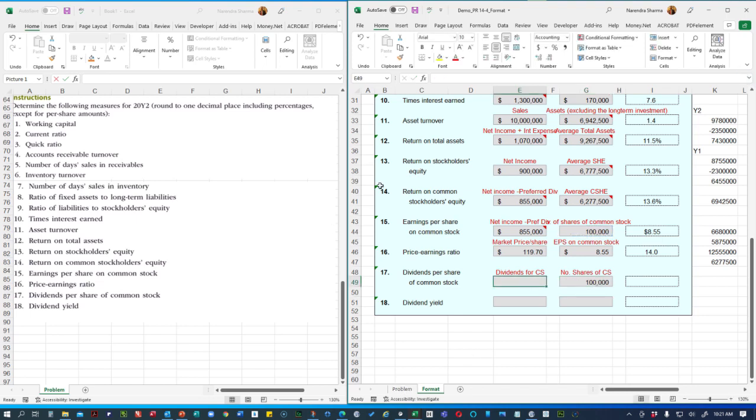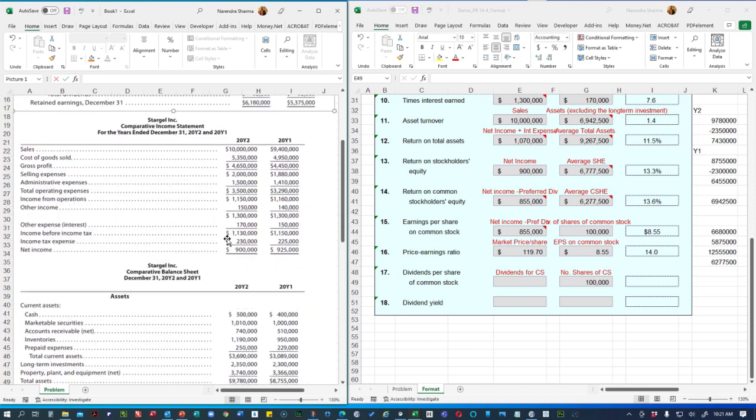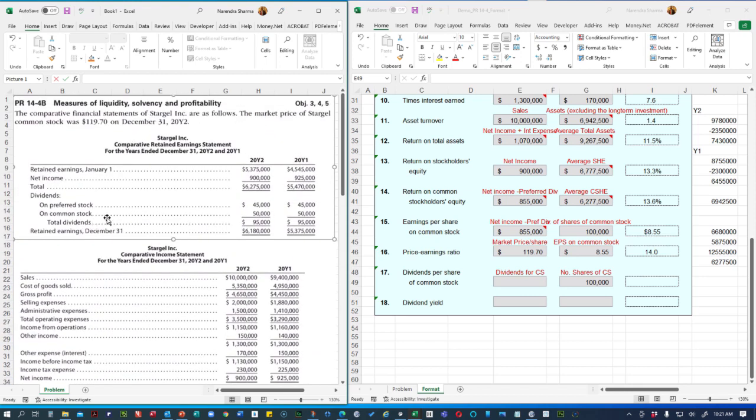And the dividend for common stock, of course, what we saw in that retained earnings statement, was 50,000. So that's going to be 0.5. So that means I'm going to get 50 cents as dividend if I have one share in that company. So it all depends upon whether you want to invest that or not.